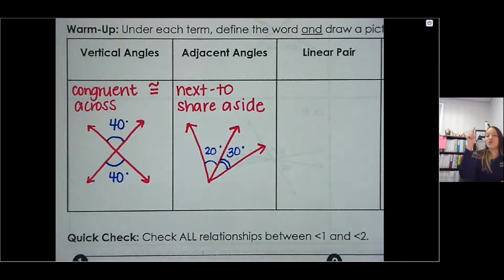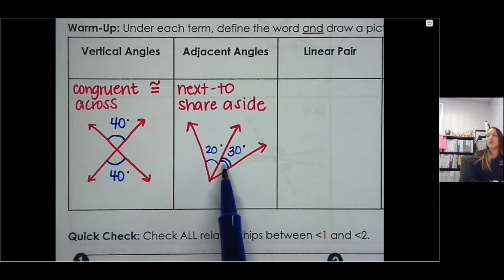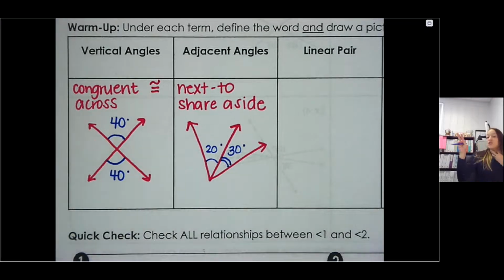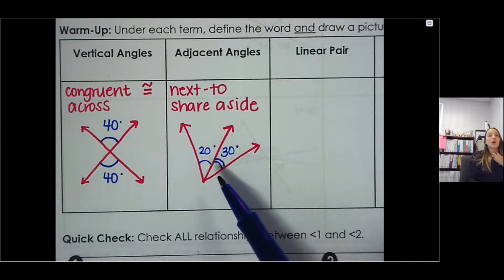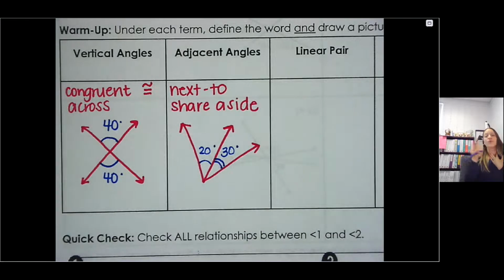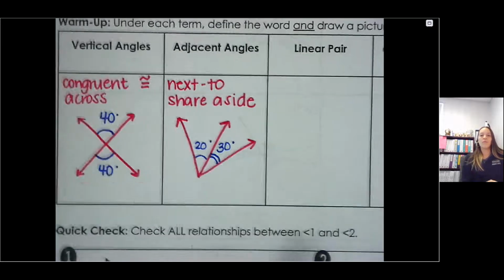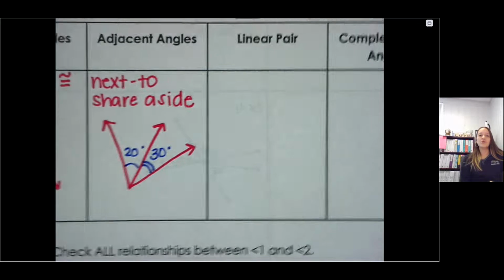They're next to each other. They're sharing that side. They're sharing a ray. And notice that when I put the 20 and 30 to show that they were two different measures, one of them has one arc mark and another one has two arc marks. That's to show that they are different from each other. Okay. Beautiful. Adjacent, next to, share a side.